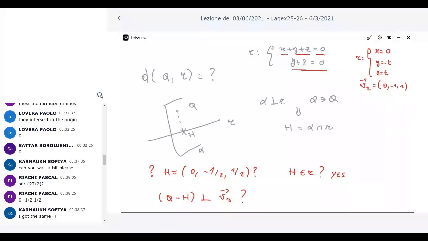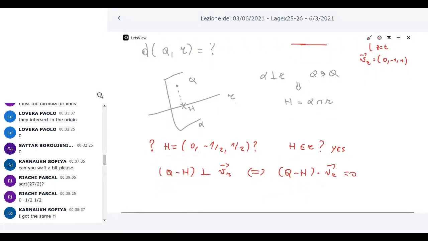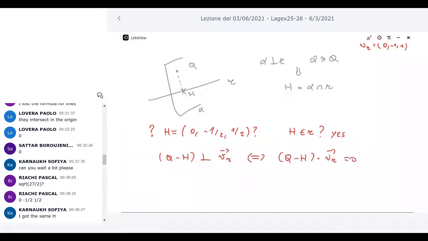And what we want to check here is going to be true if and only if the dot product is 0. So let's write down the vector in our notation. Q is 1, 2, 3. So I have 1, 2 minus 1 over 2 plus 1 over 2, and 3 minus 1 over 2. And then we take the dot product with 0, minus 1, 1.